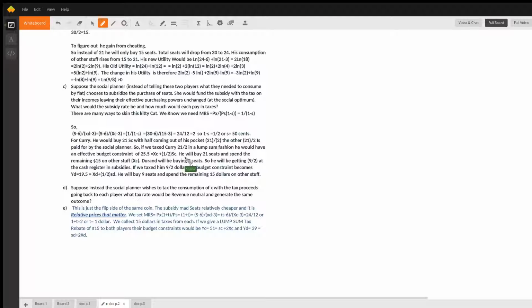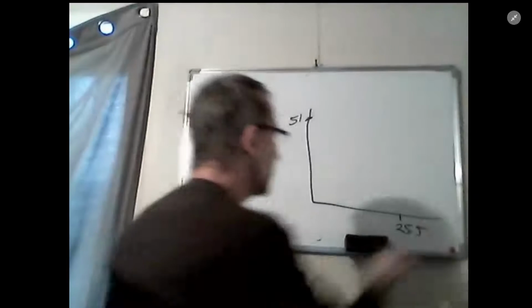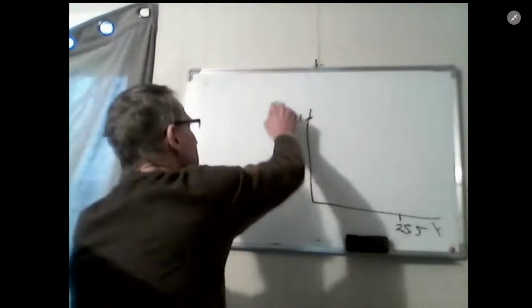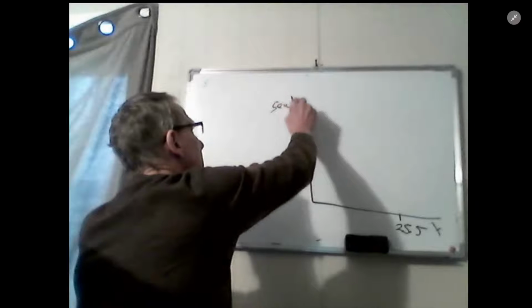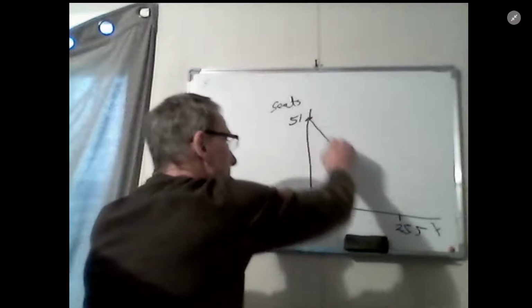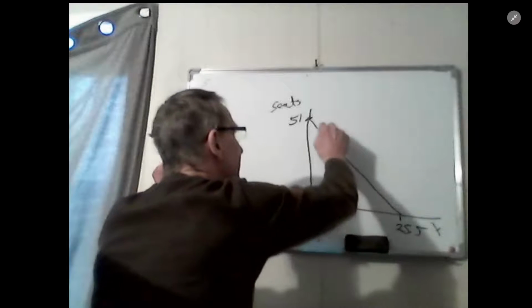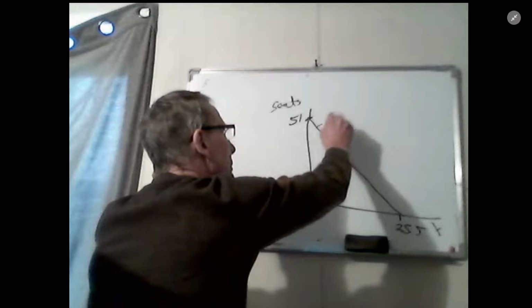Okay, so let's come back to the board here. If that's X, and this is seats, here we have an effective budget constraint with a slope of -2.